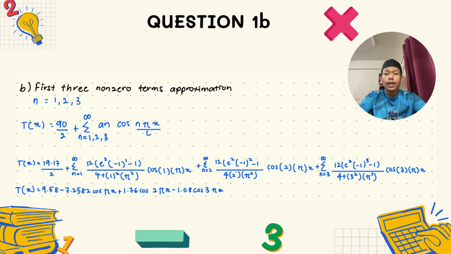Step 3. Now performing the arithmetic, we arrive at our final approximation. The constant term simplifies to 9.58.